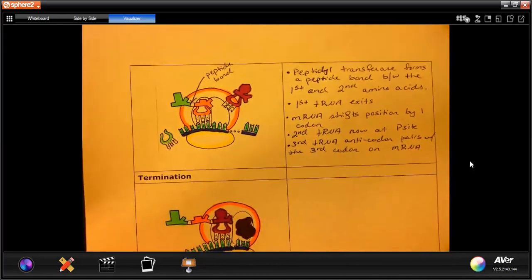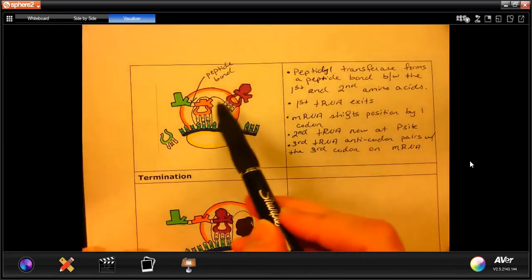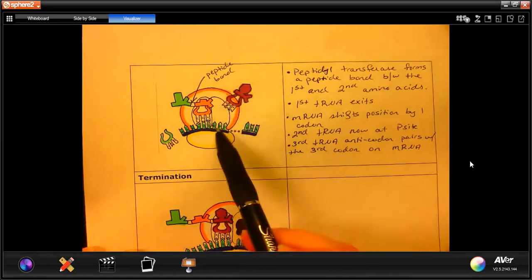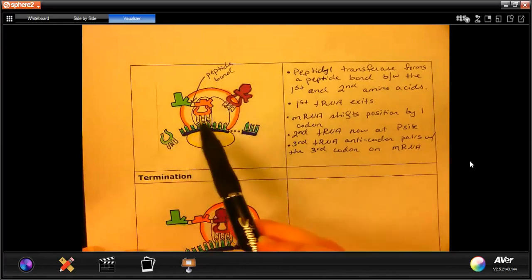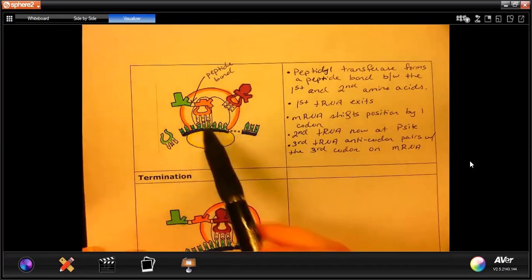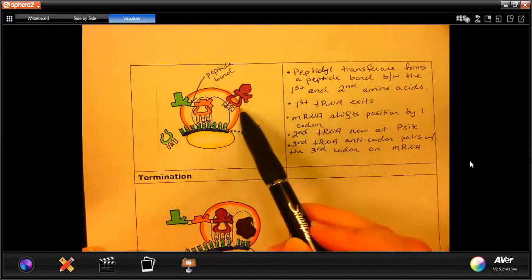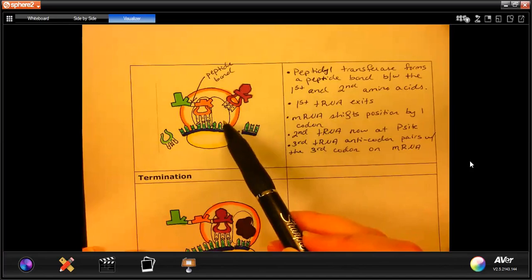And this process just repeats and repeats. This third codon will bind, peptidyltransferase will form a peptide bond between the two, the codon will shift down. The CGA tRNA will leave, the AAA tRNA will now be in the second site, and a new aminoacyl tRNA complex will come into the A site.